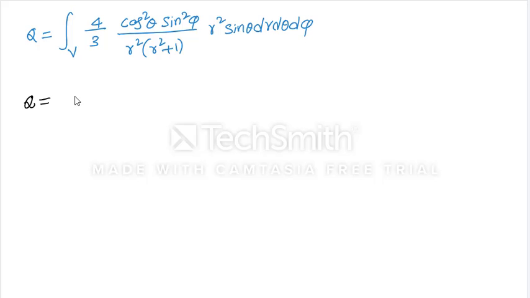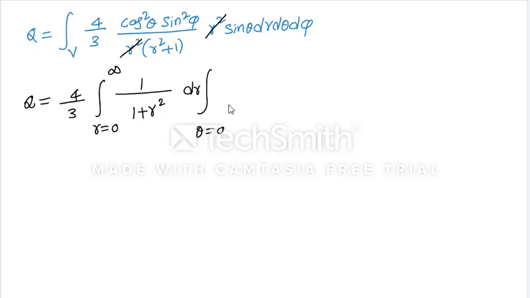So that is q, which is given as 4 by 3 constant, and r square cancels. Simplify the terms now, separate the terms now. R limits are 0 to infinity, and the r terms we have are 1 by 1 plus r square into dr, and the theta limits are 0 to pi, and the theta terms we have are cos squared theta into sin theta d theta.